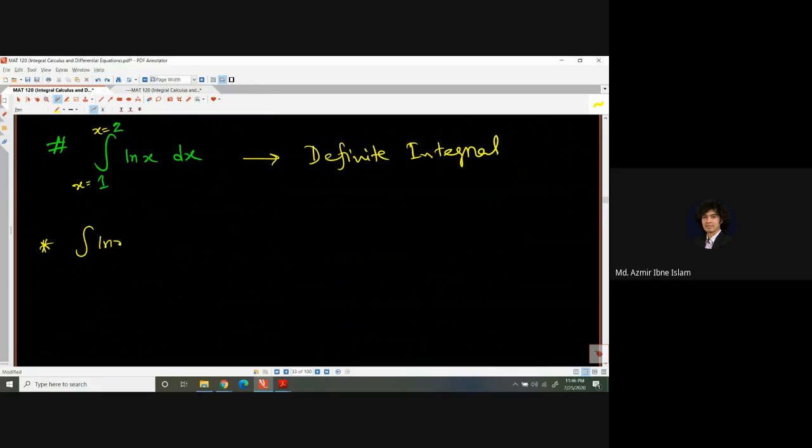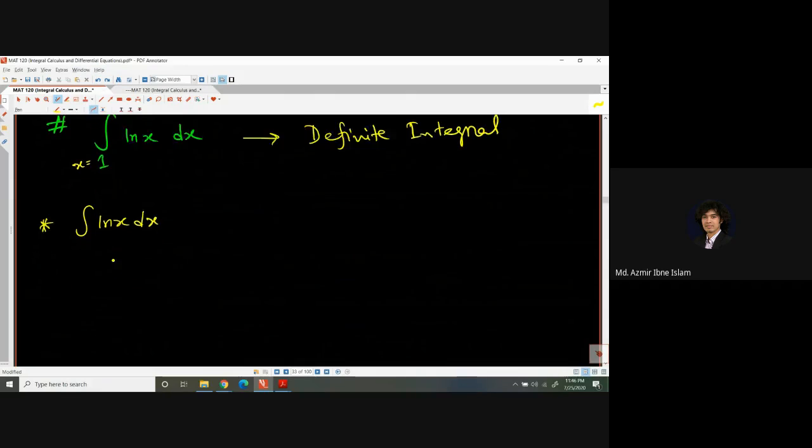That means we can forget about the limits for now. Suppose we don't have the limits, so let's try to find the antiderivative for this integral, where the function is natural log of x, that is ln x.